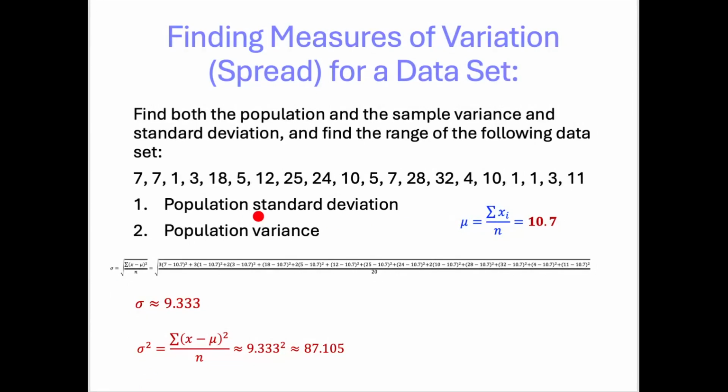So for the population standard deviation, how much does each data point deviate from the population mean? We put that all together and we get that standard deviation. Now, sometimes it's more useful to square that value, and that's where we get the population variance. But both of those are used to describe the spread of our data. Of course, the smaller the population standard deviation is, the more confident we can be that our population mean is a good measure of center of our data. Likewise with the variance.